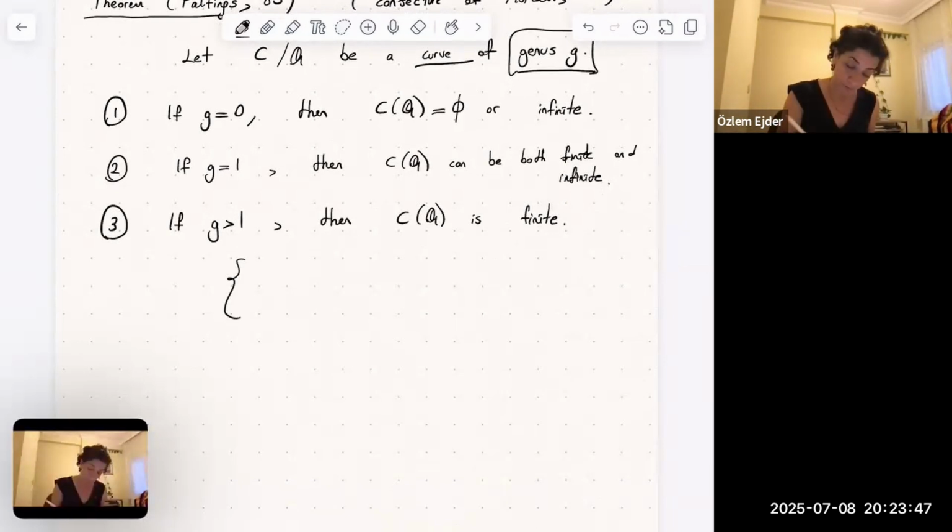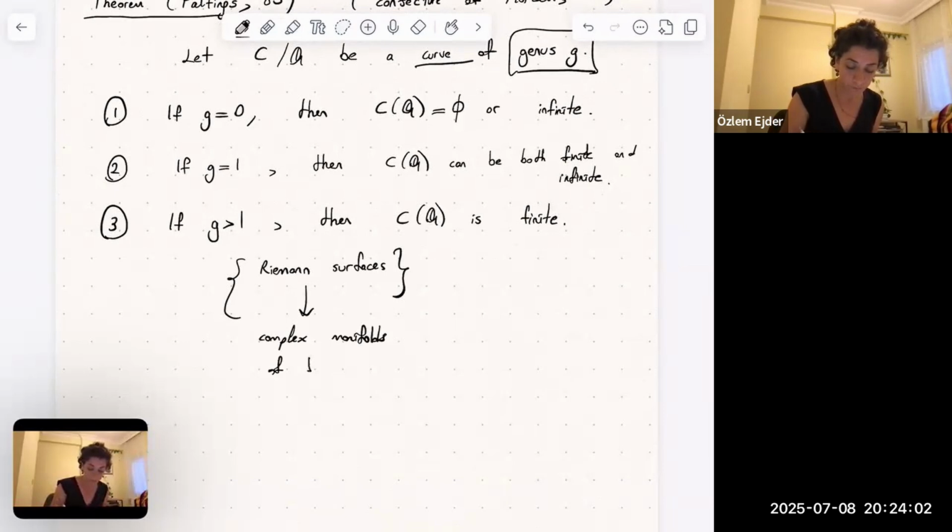It's okay if you never heard about them. So we have one set on one side. These are the Riemann surfaces. So these are complex manifolds of dimension 1. And they should be connected.